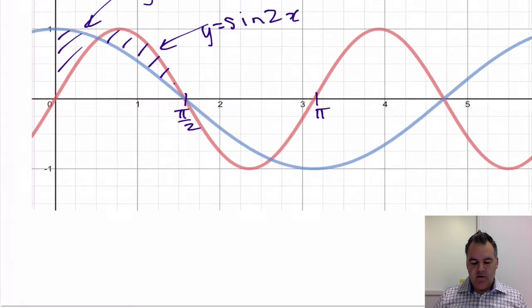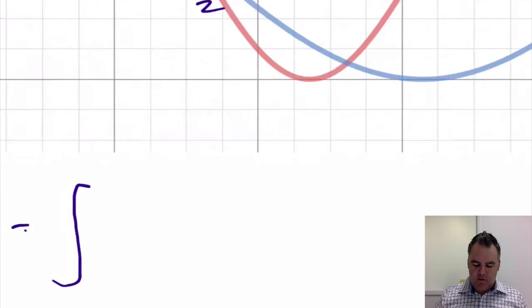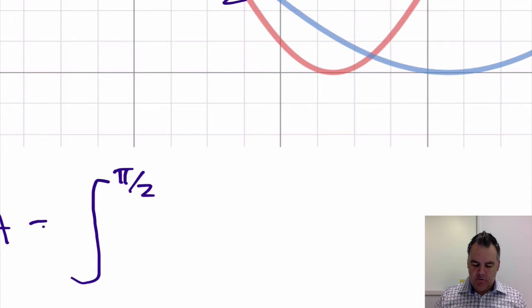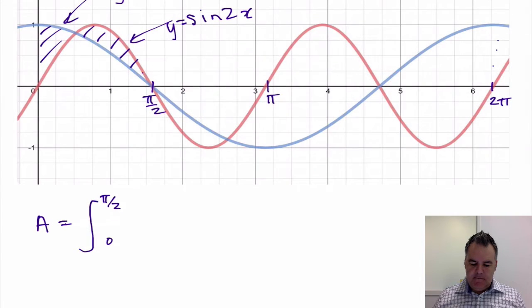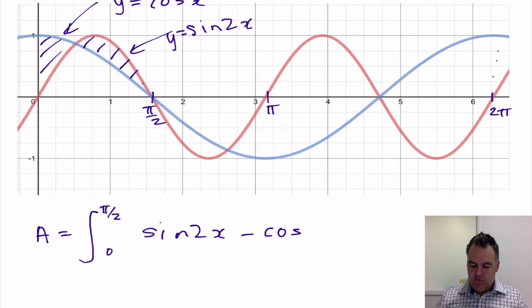Okay, so the integral gives us the area. So it would be between pi over 2 and 0. And we want one function minus the other. Remember, the area between two curves is one minus the other. So the integral of sine of 2x minus cos of x dx.